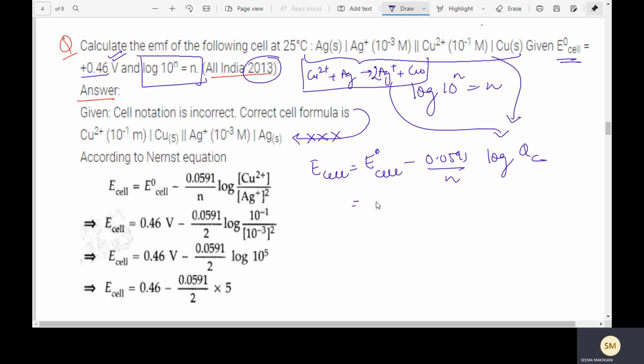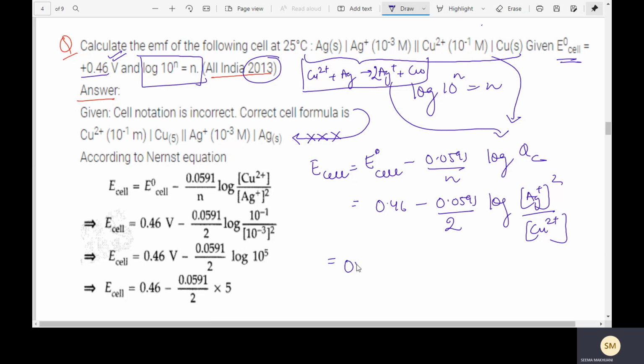E naught cell value is given to you as 0.46 minus 0.0591. The value of n will come to 2. You can check it for yourself. Let us find the log value. The QC expression is your Ag positive ion to the power 2 divided by the copper 2 positive ion concentration. Now the Ag concentration is given as 10 to the power minus 3.